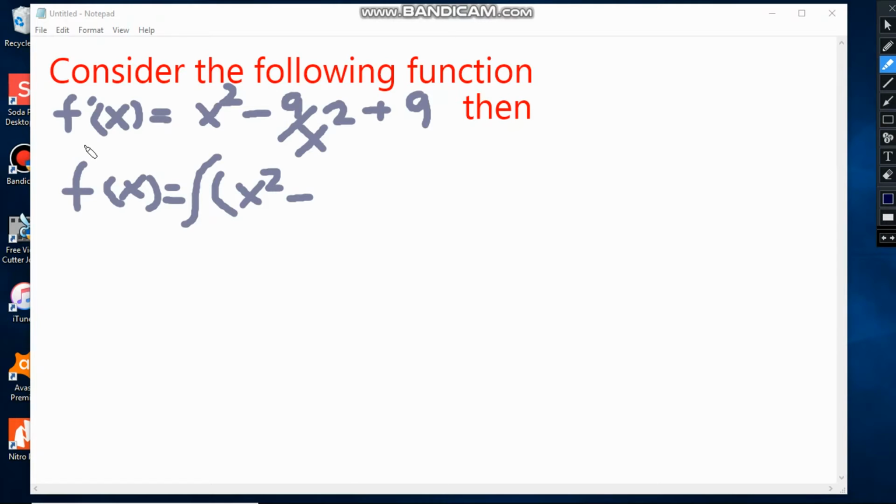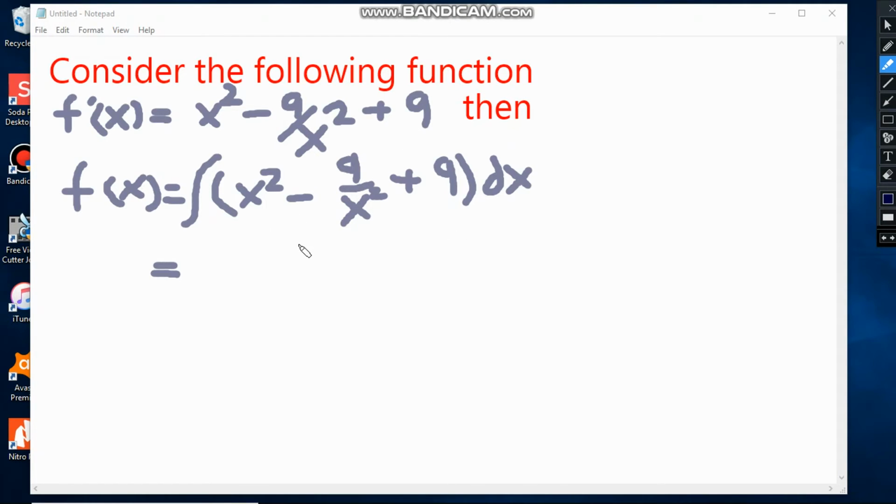So the position from brackets to brackets is where we place f dash of x, and its value is x squared minus 9 over x squared plus 9.